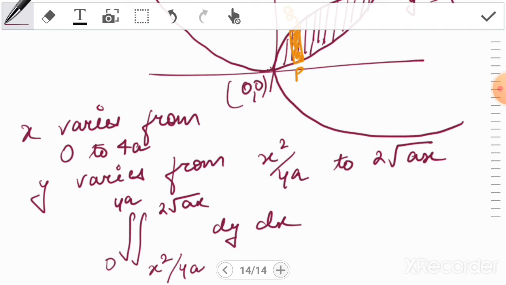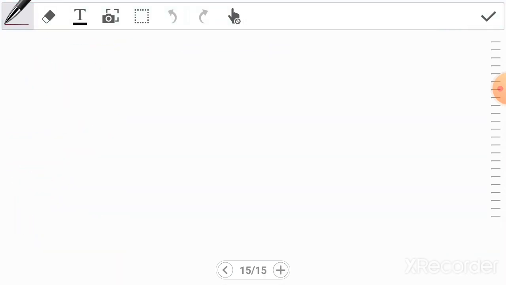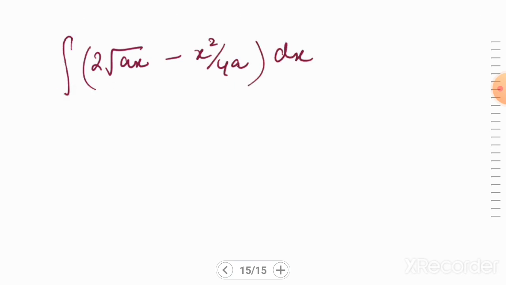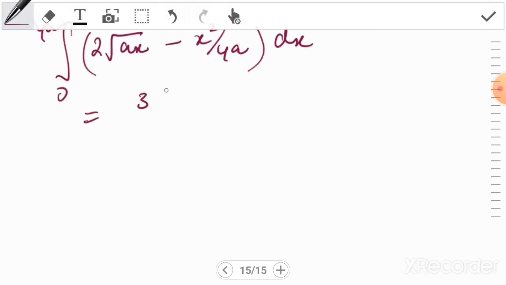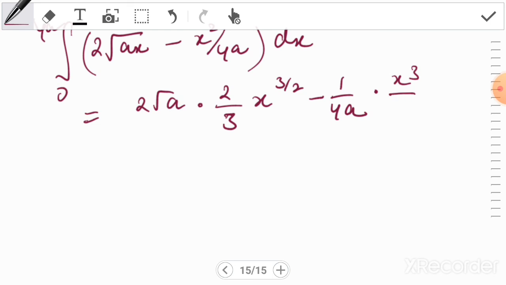So this is the integral of 2 root under ax minus x square by 4a, dx, 0 to 4a, and if you solve this, you will get 2 root a into 2 by 3 x power 3 by 2 minus 1 by 4a into x cube by 3, 0 to 4a.